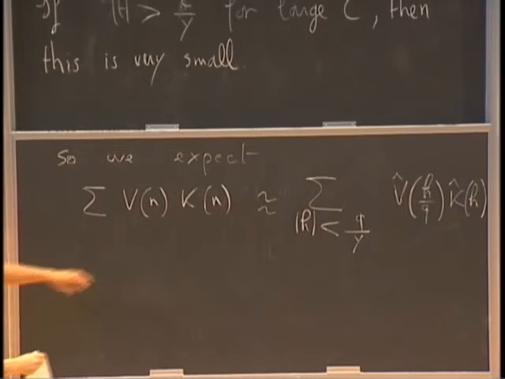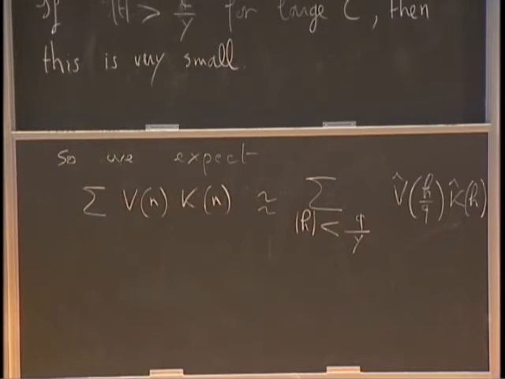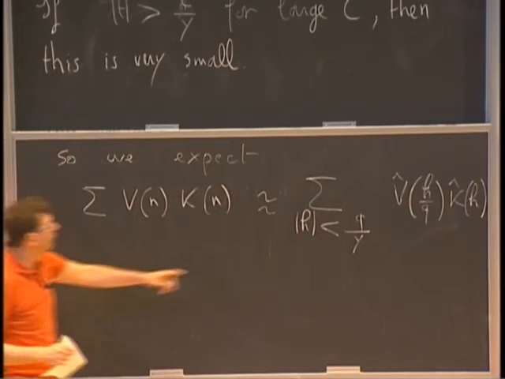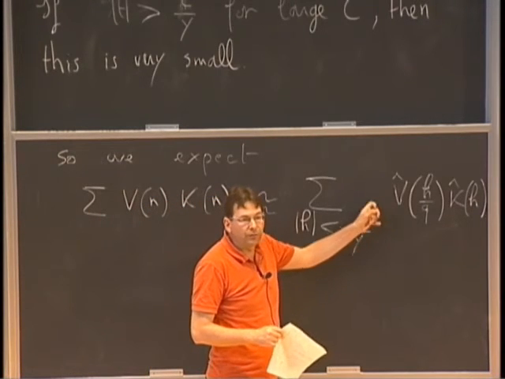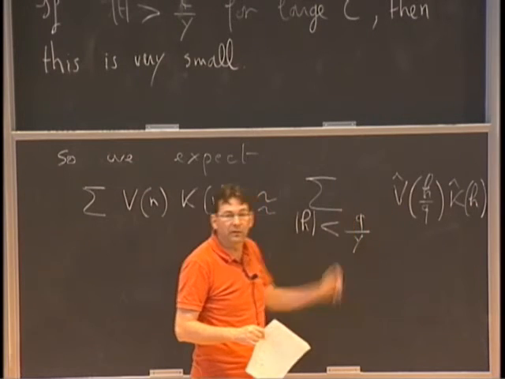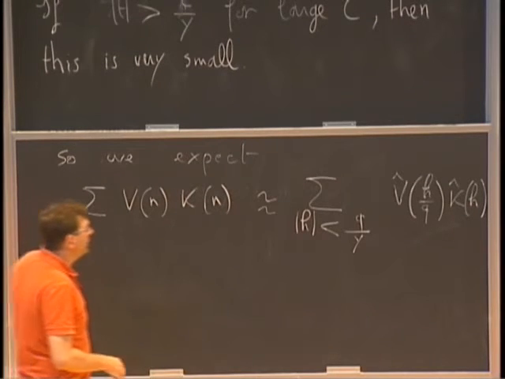This first use of the squiggle means that you expect you can handle the cases where h over q is larger than 1 over y, which means h larger than q over y, by a kind of trivial estimate using the fact that the Fourier transform is extremely small in such a range. So you typically need to take a little bit more than q over y, maybe q over y times q to the power epsilon, something very small, or q over y times some very large power of log q or something like that. But that's something that works out fine in practice.